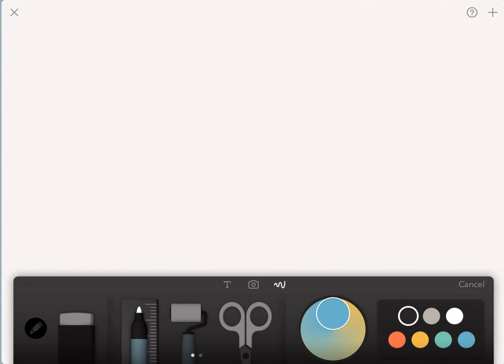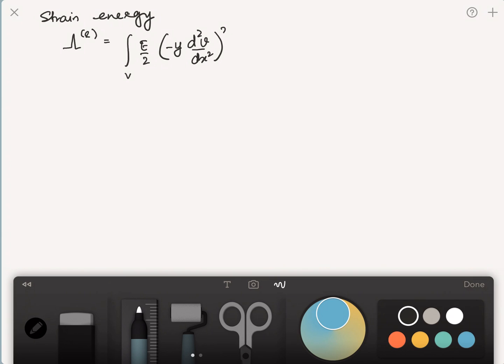So I'm actually going to write the strain energy equation once again, just to maintain continuity. So the strain energy was given as volume integral of E by 2 minus y d square v dx square whole square dV. Now this I can write, I will write the integral over something later.